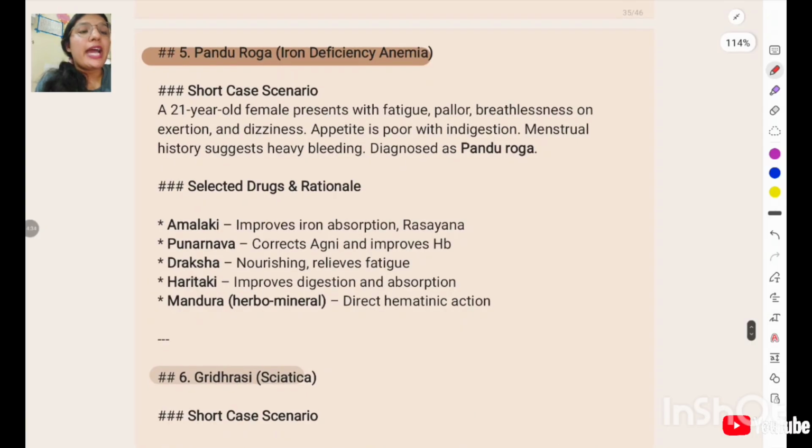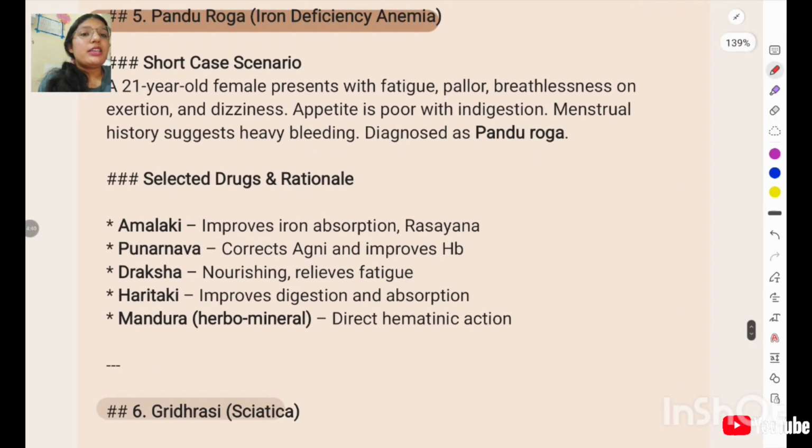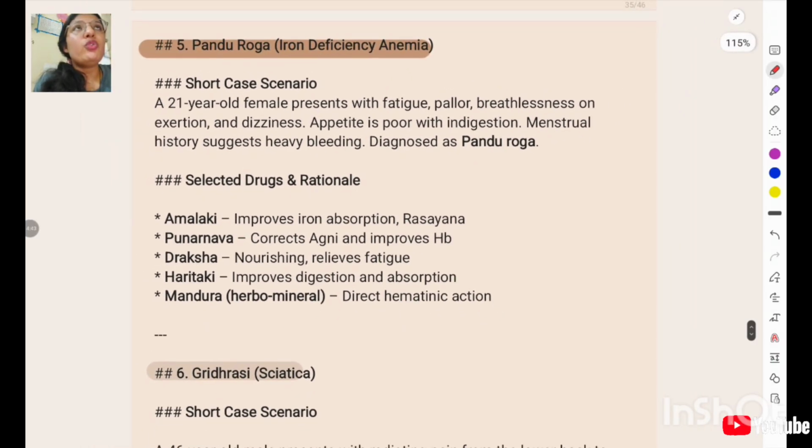Then Pandu, iron deficiency anemia, presenting with pallor, fatigue, breathlessness on exertion, and dizziness. So its drug is Amalaki. You know, for iron absorption, vitamin C should be there. So Amalaki you have to take along with your iron supplement. It will enhance the iron absorption.